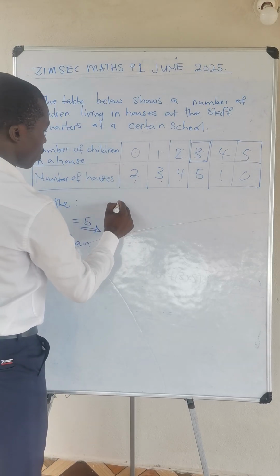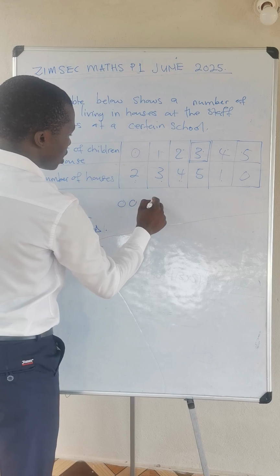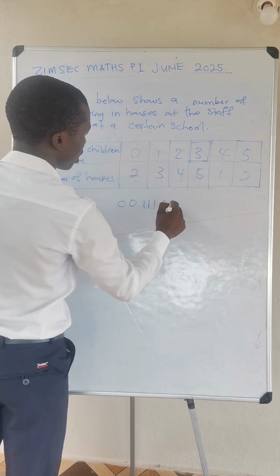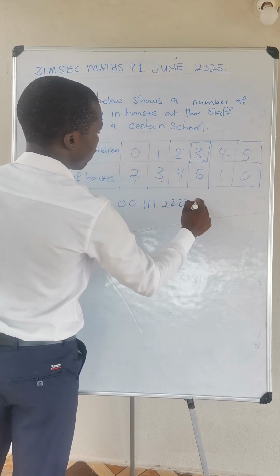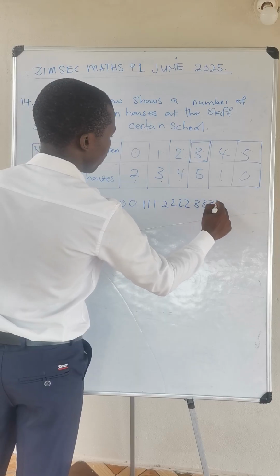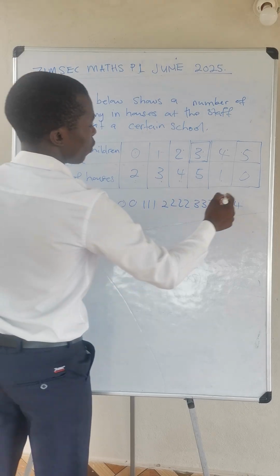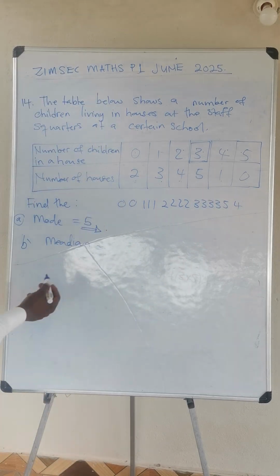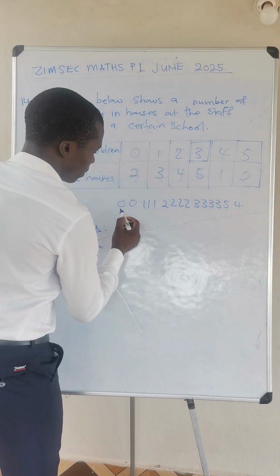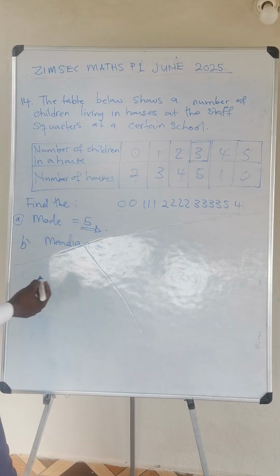So let's try to arrange. Here we have 2 zeros, 3 ones, 4 twos, 5 threes, 1 four, 0 fives. So already this data has been arranged in ascending order.